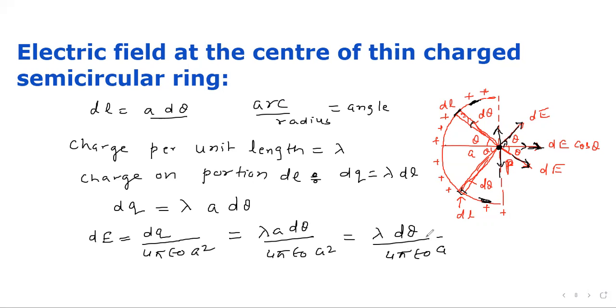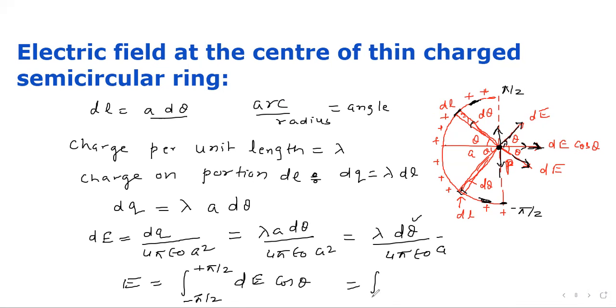Now, net field, as I told you, it is due to cos theta component. So E will be equal to integration from here. This limit will keep minus pi by 2, and this limit we keep plus pi by 2. So we write minus pi by 2 to plus pi by 2, and then dE cos theta. We put the value of dE as lambda d theta divided by 4 pi epsilon naught a.